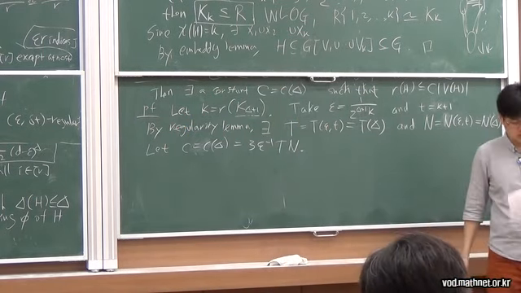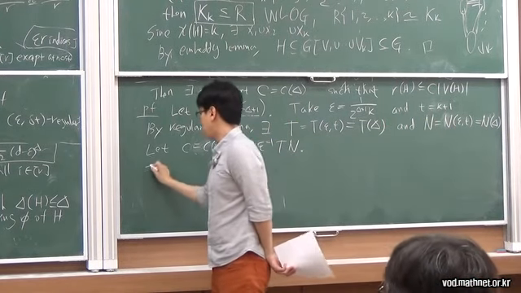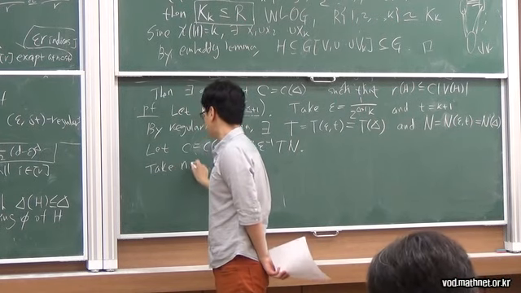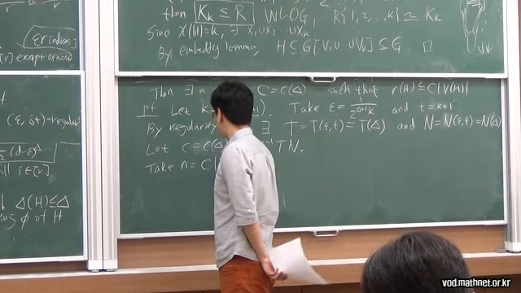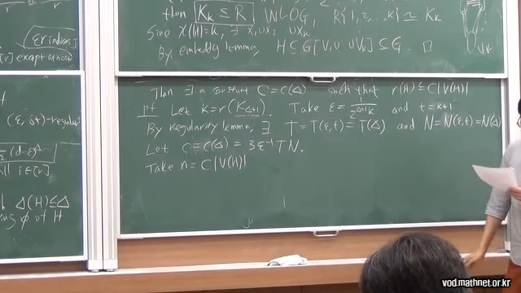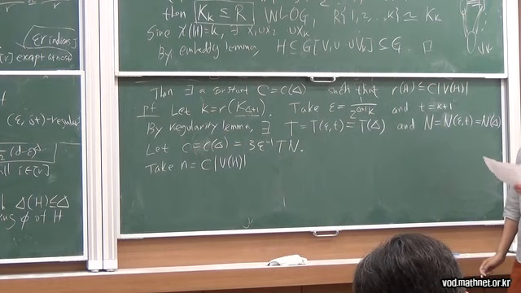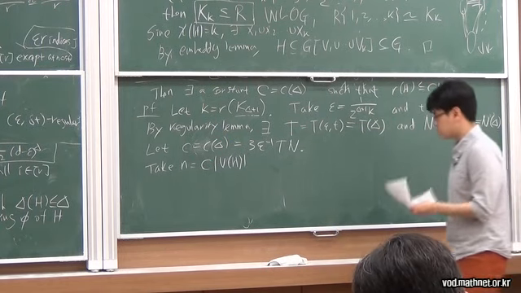So that's our C that we will use. So now what we have to do is we take n, which is C times the size of V(H), and then show that any two-coloring of K sub n, we can find either a red copy of H or a blue copy of H.